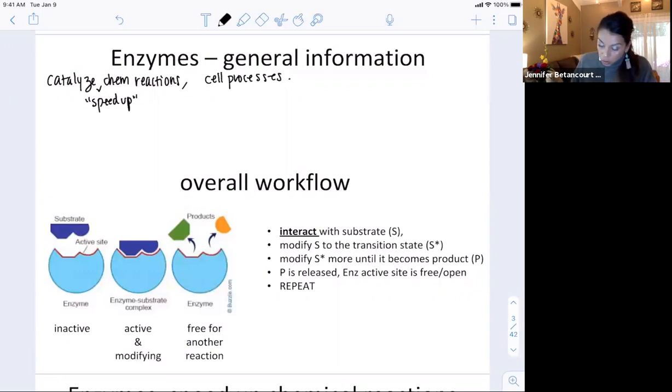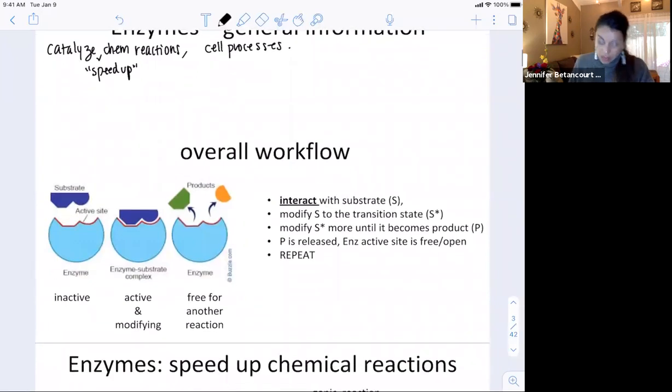Okay, and so in general, here is the overall workflow of an enzyme. You have your enzyme, which is this big folded protein. Sometimes it's tertiary structure. Sometimes this is actually a couple different subunits. So let's pretend this is a couple different subunits. These subunits have to come together.